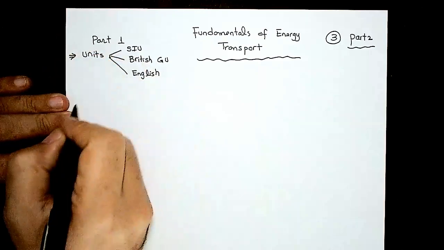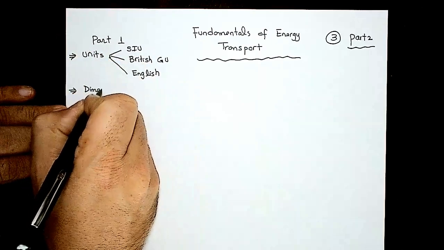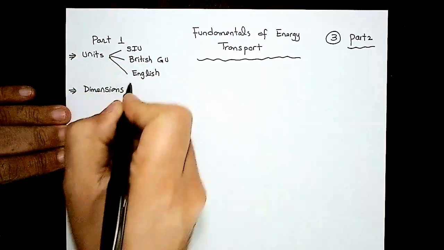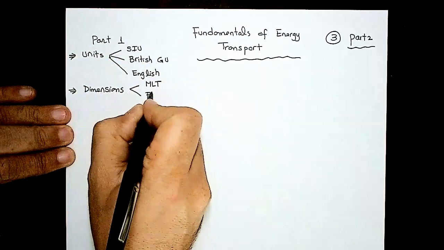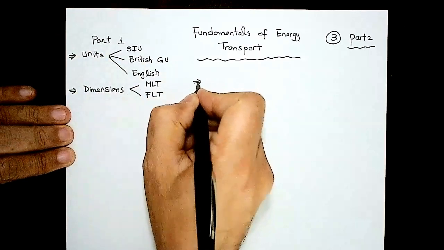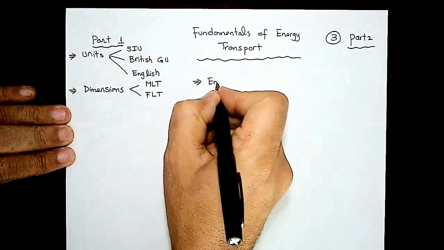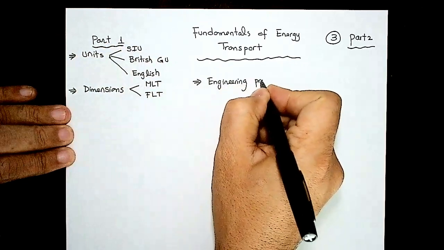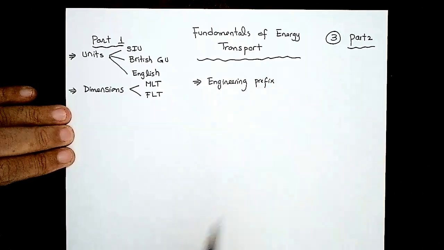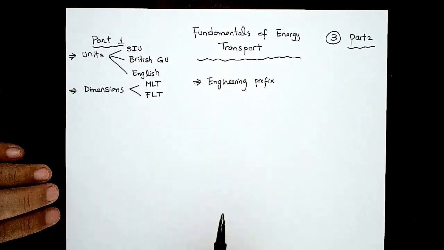We also covered the system of dimensions, the MLT system and the FLT system. Then the third topic in part 1 was the engineering prefix, the way of writing numbers using 10 to the power, and we gave a list of the different values or names that we can use in writing numbers.